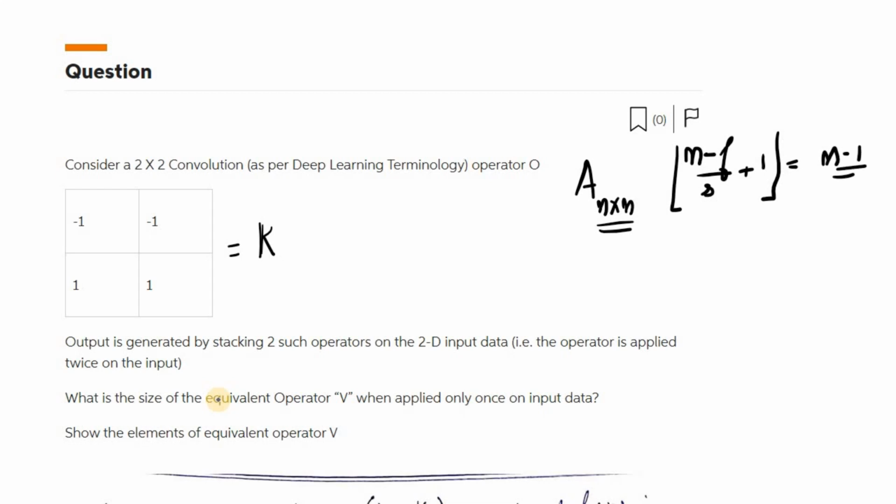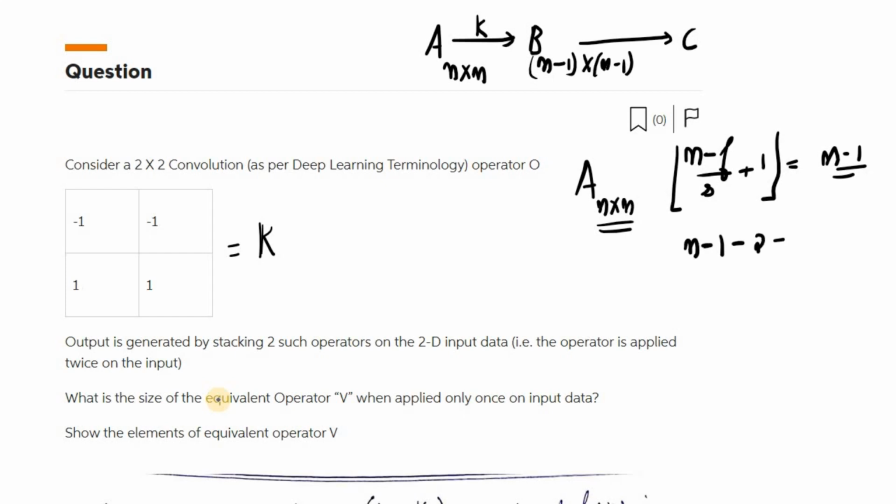Right. So let's say there is a matrix A. I apply a convolution K to get a matrix B. B will be of order n minus 1 cross n minus 1, while A was of order n cross n. And if I apply it further to C, then it will be of n minus 1 minus 2 plus 1, which will be n minus 2.